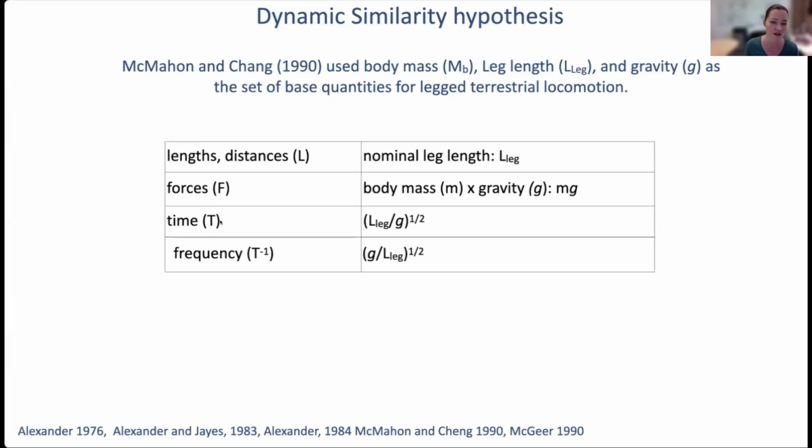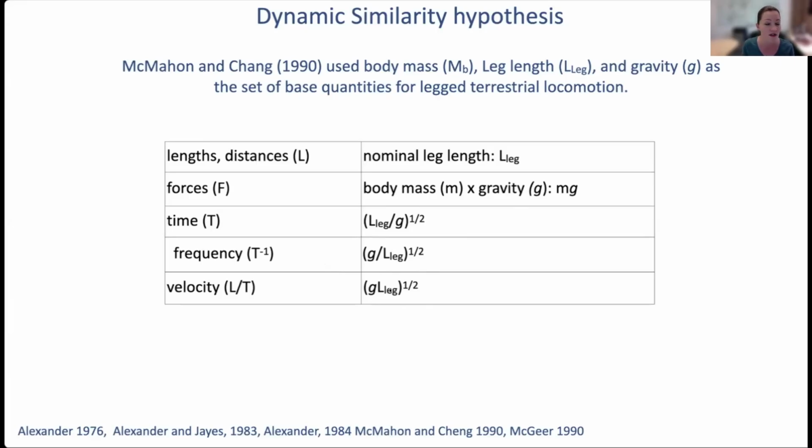Frequency is just the inverse of the time characteristic. So it's going to be related to the square root of g divided by leg length. And velocity can be calculated as the square root of g times leg length. So if you think about working this out in standard SI units, g is going to be 9.81 meters per second squared.